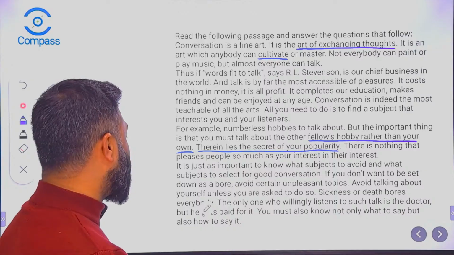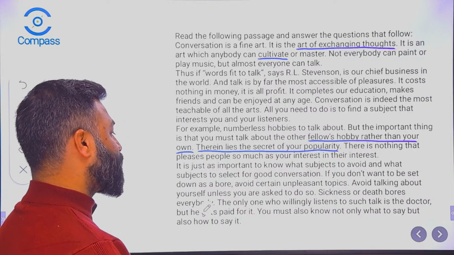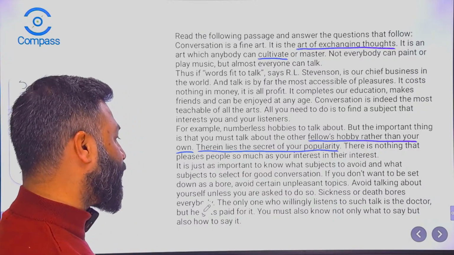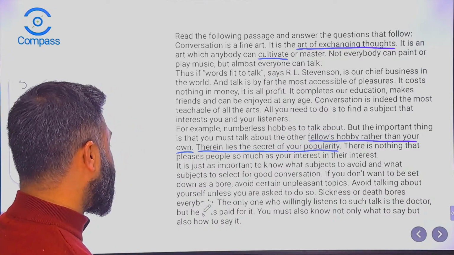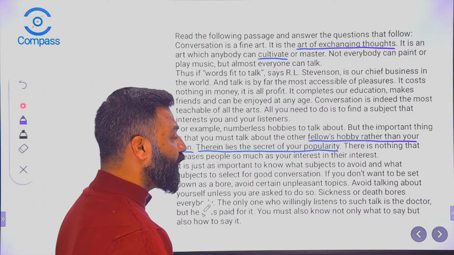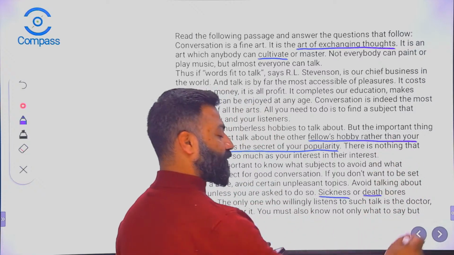Sickness or death bores everybody. The only one who willingly listens to such talk is the doctor, but he gets paid for it. You must also know not only what to say, but also how to say it. Yes, so it is particularly talking about not to talk about sickness, not to talk about death.